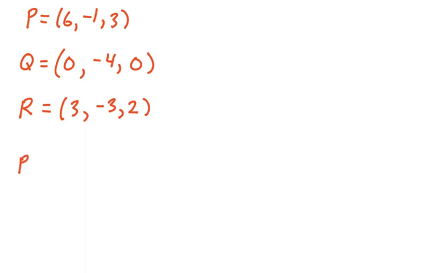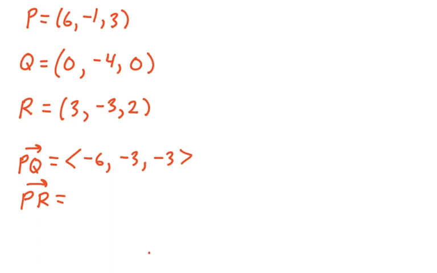Now, PQ is going to be the vector negative 6, negative 3, negative 3. And PR is the vector negative 3, negative 2, I believe negative 1, right?